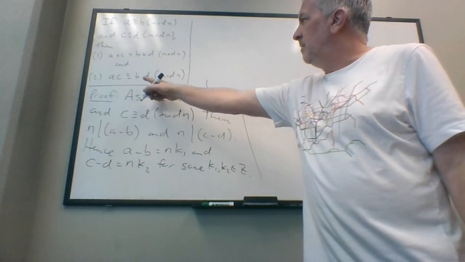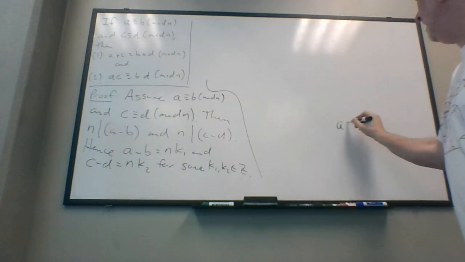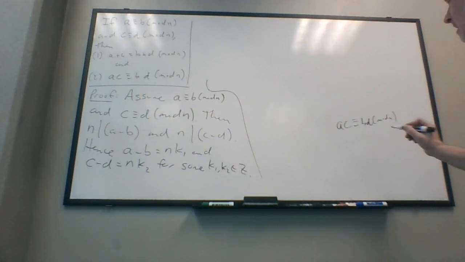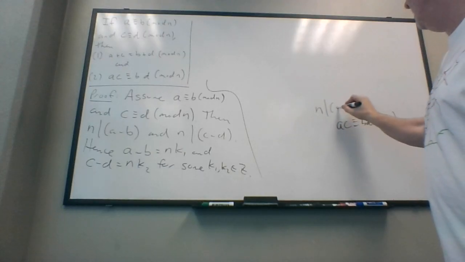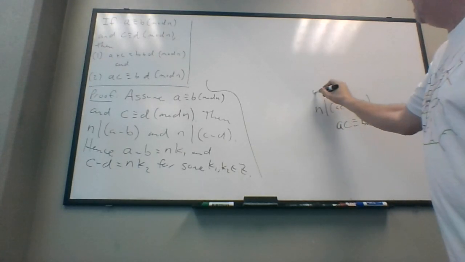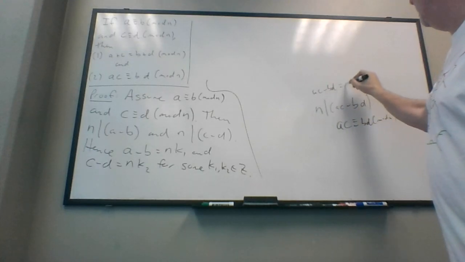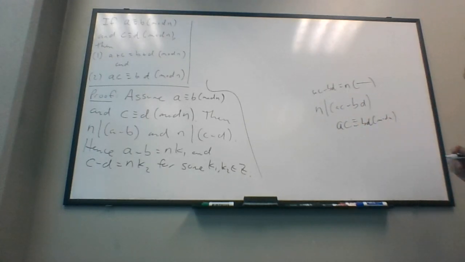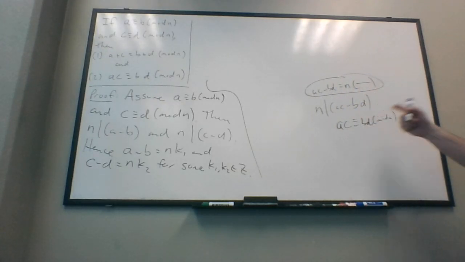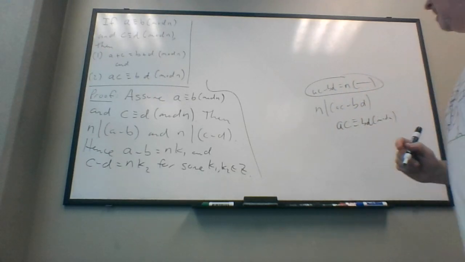I'm trying to get to AC is congruent to BD mod N. So that means N divides AC minus BD, which means AC minus BD is N times some integer. So this is what we need to get to. Once we get to here, that will be true and that will be true, and we will have our proof.